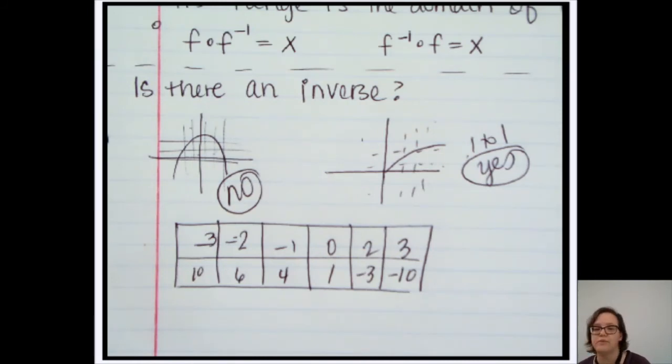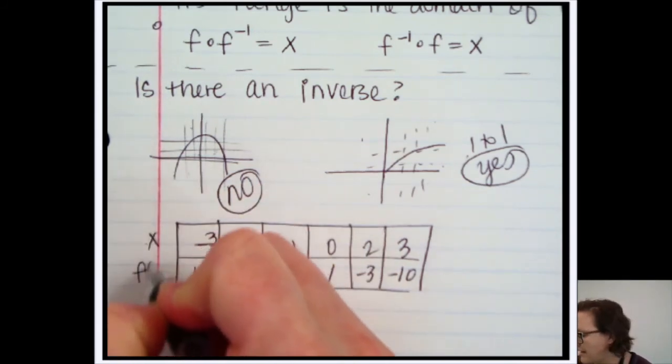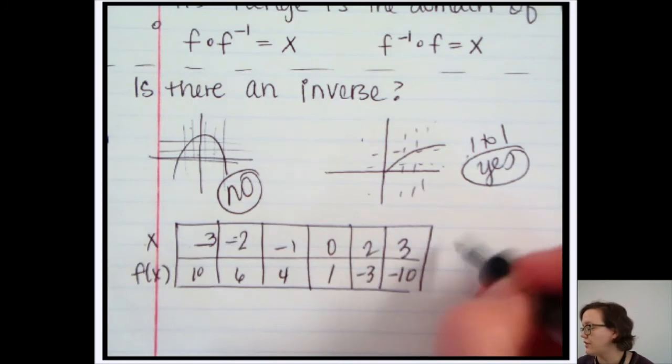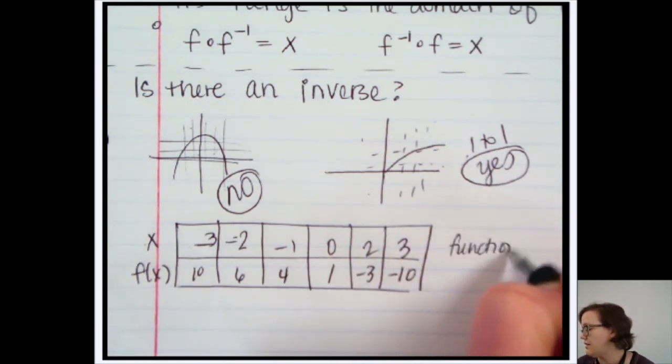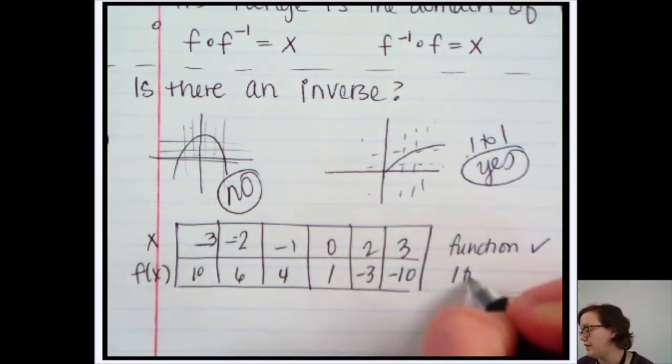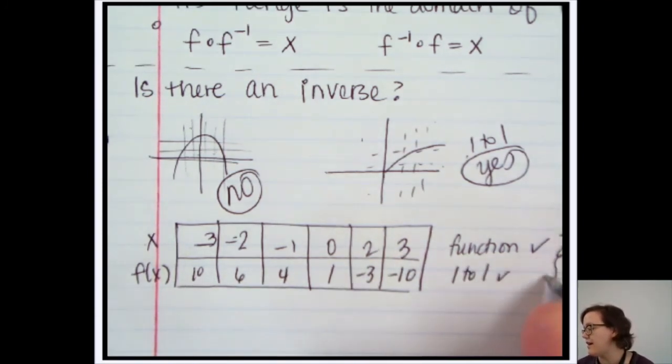Well, we just want to know, is it one-to-one? Do we have any repeated x's? No repeated x's, so it is a function. Is it a one-to-one function? Yes, because there are no repeated y's. So does it have an inverse? The answer is yes.